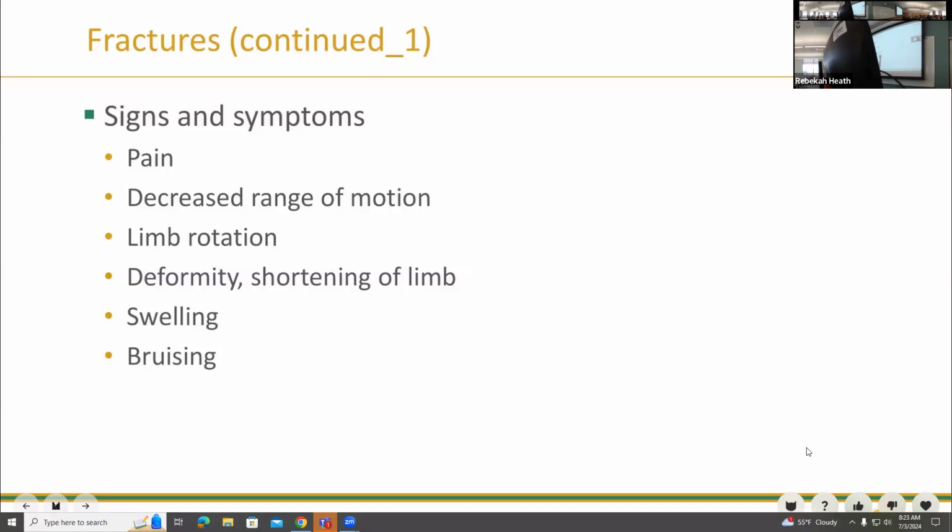Limb rotation, what does that mean? The limb might actually be a little bit malrotated. We go back to our example of grandma who fell down and broke her femur. If I lay down, my legs are going to look kind of straight on, right?